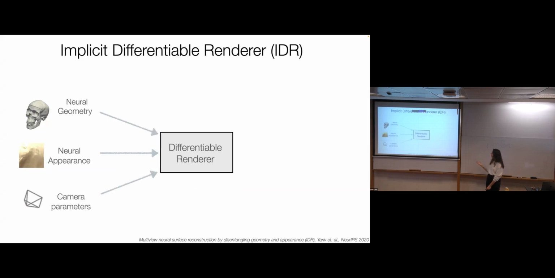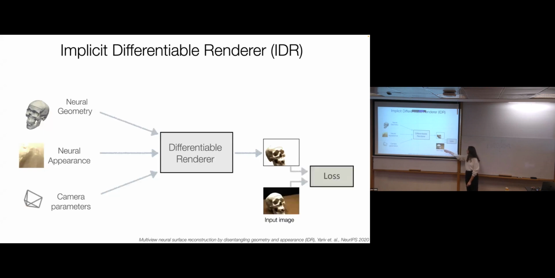We want to define a differentiable surface renderer that will predict the rendered image. And as we did for NeRF, the ground truth image comes from the input image that was really captured using these camera parameters in real life. We're going to use the rendering loss to reconstruct all this neural geometry and neural appearance that we want to learn.